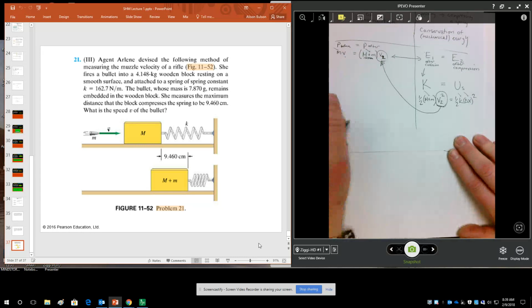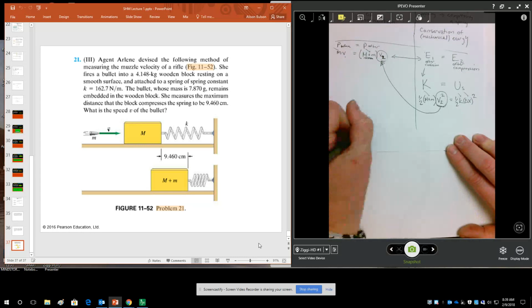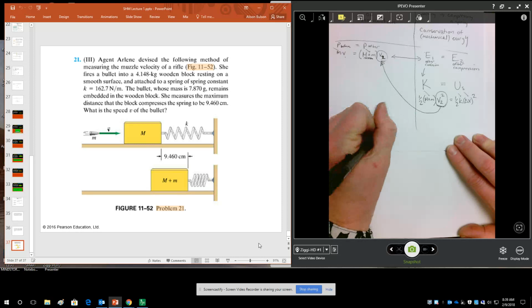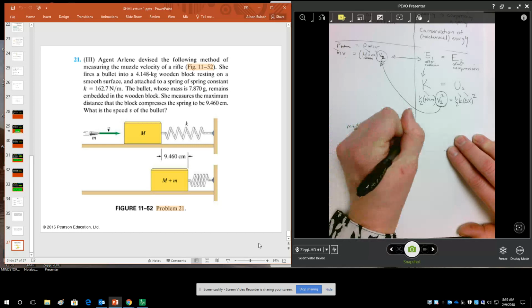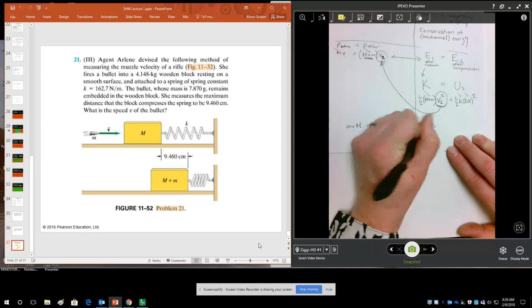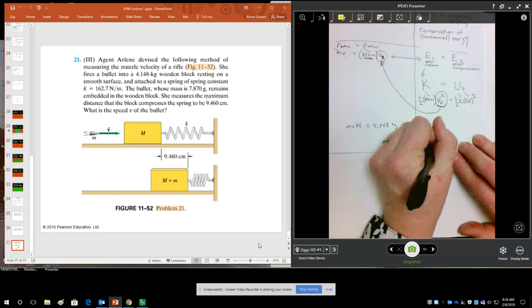All right, what is our mass? We have m plus m of 4.148 kilograms, and that bullet has a tiny mass of 0.007870, right, because it's given in grams.